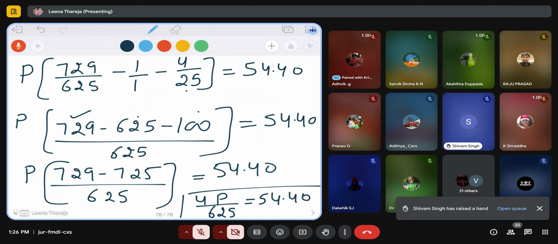You get the P. This part you understood, no? What I have done, I have added these two negatives. Done?